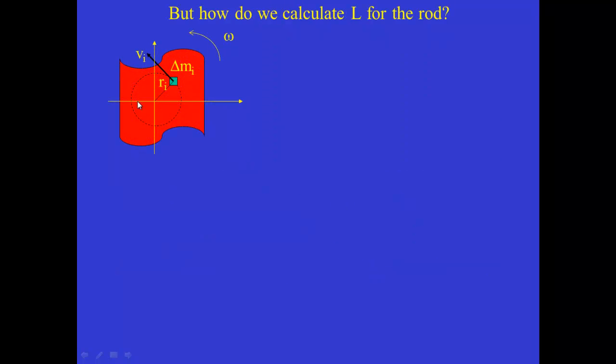Well, let's go back to our picture of this arbitrary rotating system and imagine that you've got this object made up of lots of little mass pieces, delta m, and the whole object is rotating with an angular velocity omega. So that means each piece has its own linear translational velocity v.